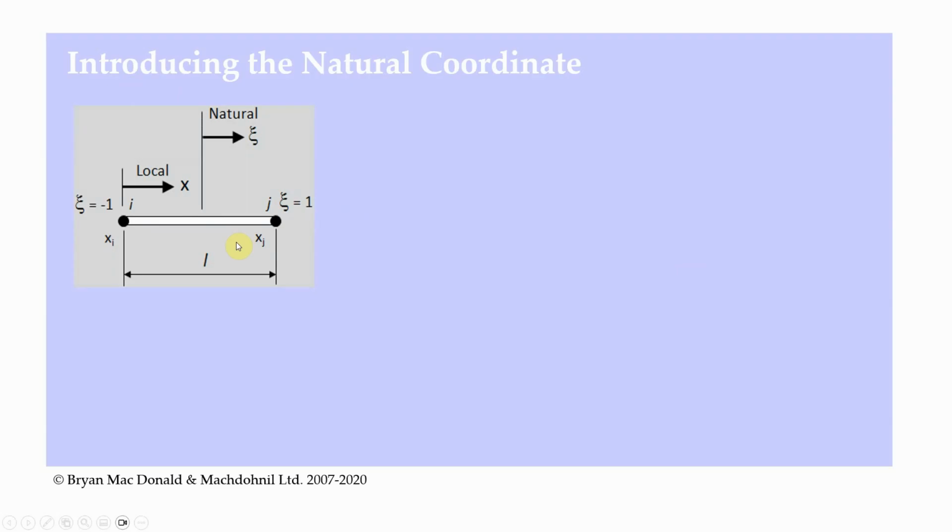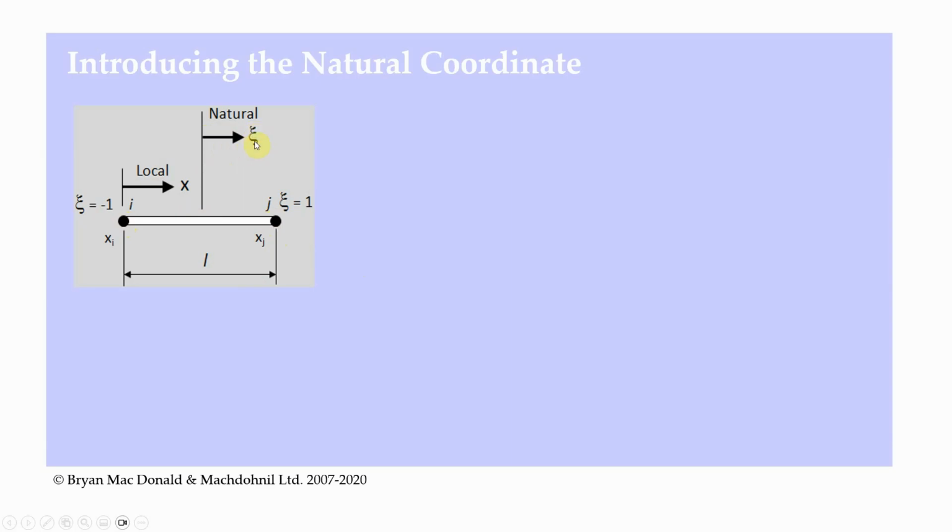So for example, if we take our same element as we had before here, we have xi and xj being the local coordinates that has a length L, we can establish a natural coordinate system which has its origin in the center of the element and is given a symbol of the Greek letter eta. Okay, so eta is the natural or non-dimensionalized coordinate.